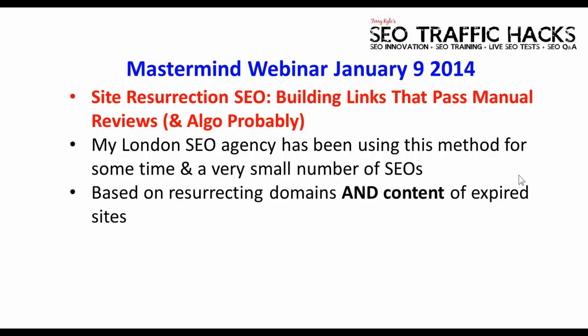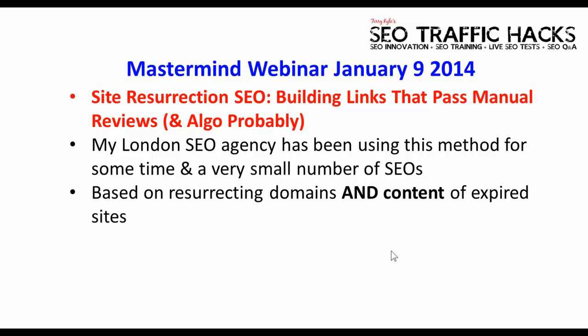So basically this SEO approach is built around resurrecting expired domains and the content of them. And interestingly, the content doesn't necessarily have to be for that particular expired domain. It could be another one, provided that the content is not currently being used.